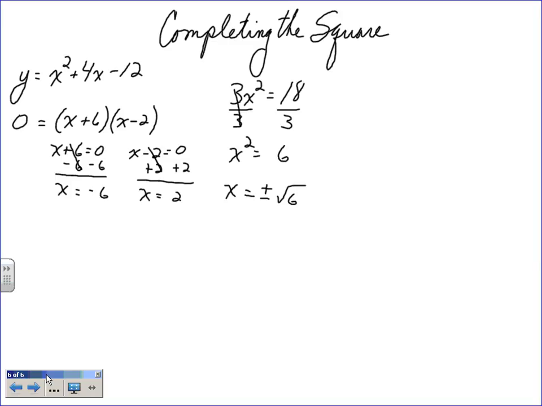All right. Well, then. What would we do there? Yeah. X plus 5 equals plus or minus the square root of 20. Okay.